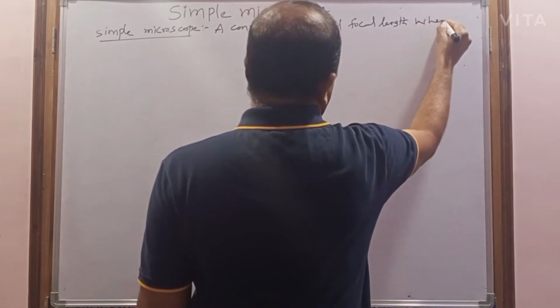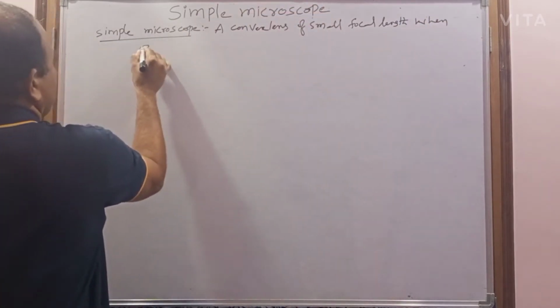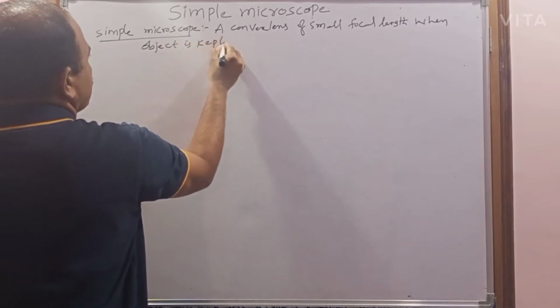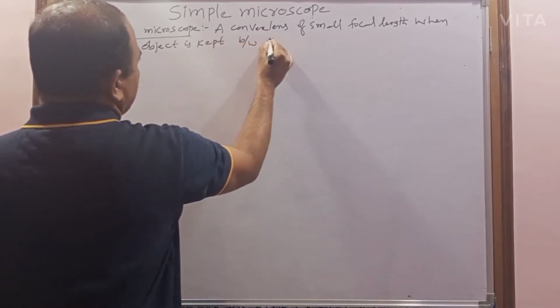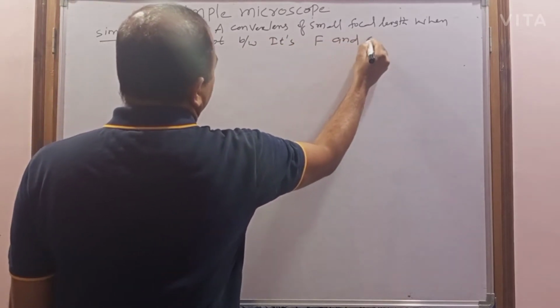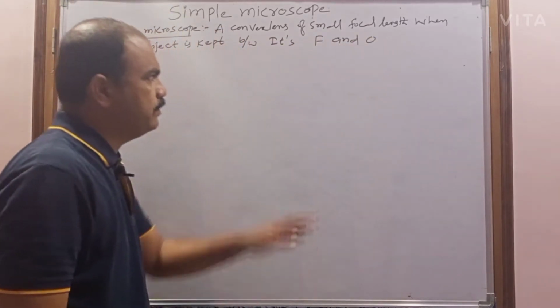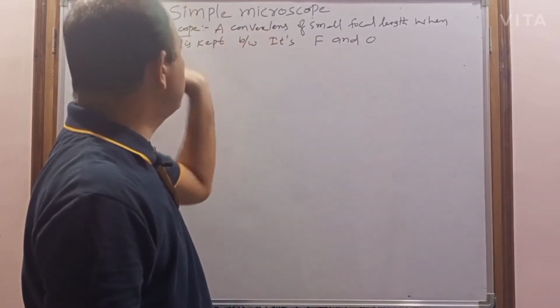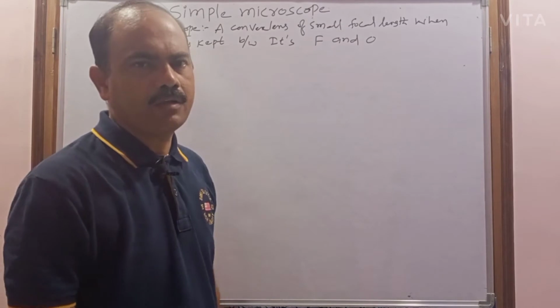So when the object is kept between its focus and optic center, F means focus and O means optic center of that lens, then that convex lens behaves as a simple microscope.